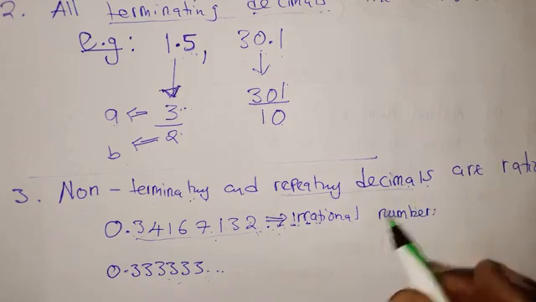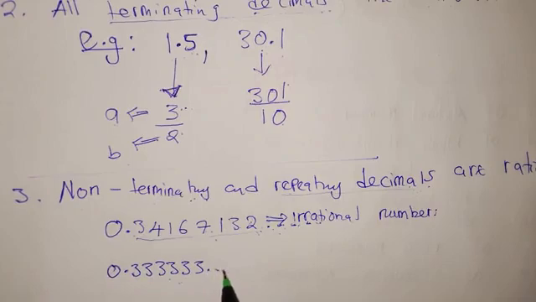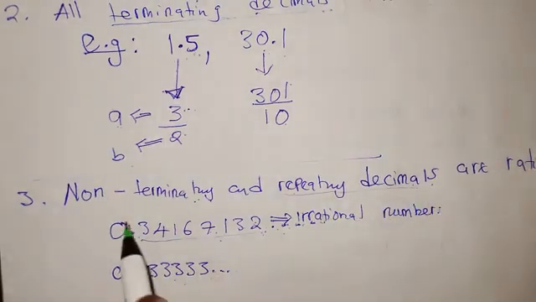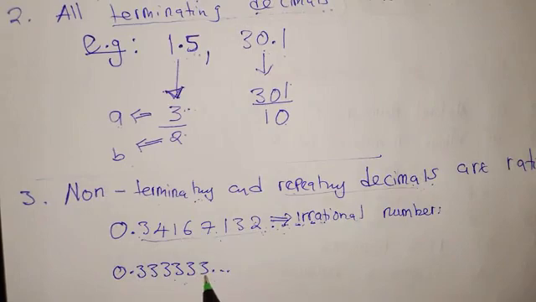What are the repeating decimals? I can observe that after a decimal point, there's just a specific value which is repeating itself throughout. So it is qualified to be called non-terminating because this 3 will continue to be moving until I don't know.